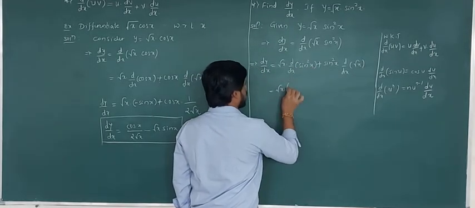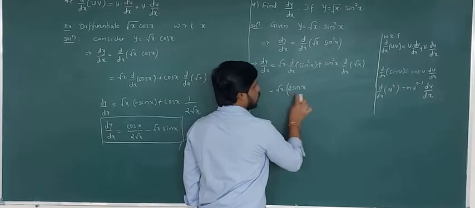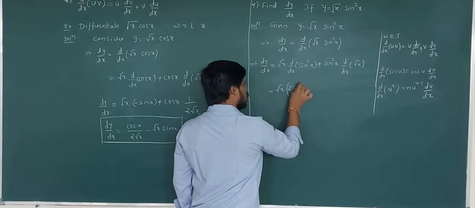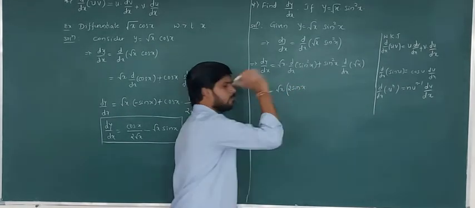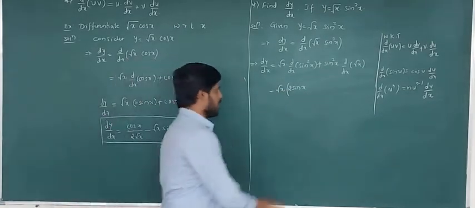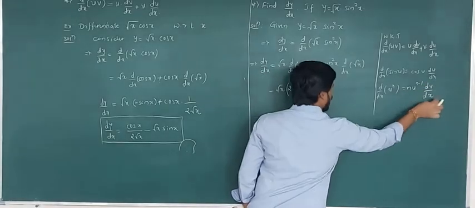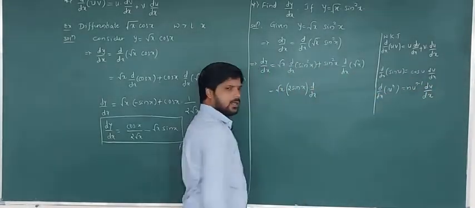Differentiation of sin square x is 2 sin x; see here, n into u to the power n minus 1, 2 minus 1 is 1. So therefore 2 into sin x into du by dx. What is u here? Comparing these two, we have u equal to sin x.